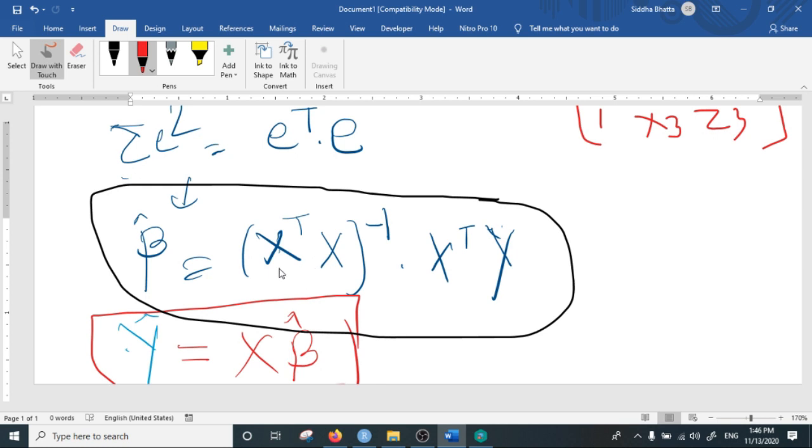We first multiply x transpose and x, then find its inverse, then multiply by x transpose times y. This formula is used in all statistical software to estimate the coefficients of the regression model, and we will do the same in R.